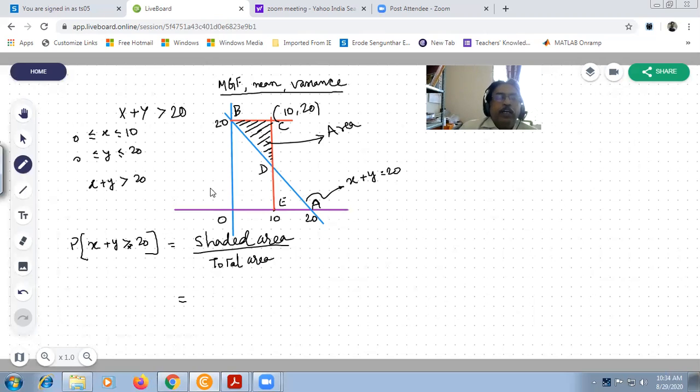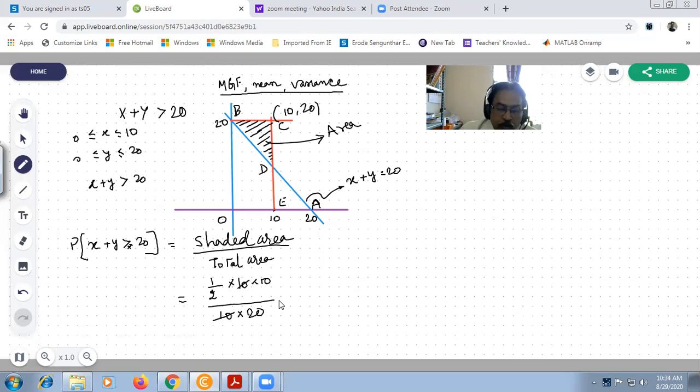This length is 10 and this length is 10, so the shaded area is half into 10 into 10, the triangle's breadth into height, divided by 10 into 20.